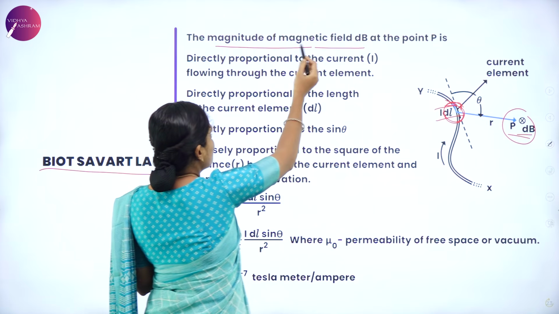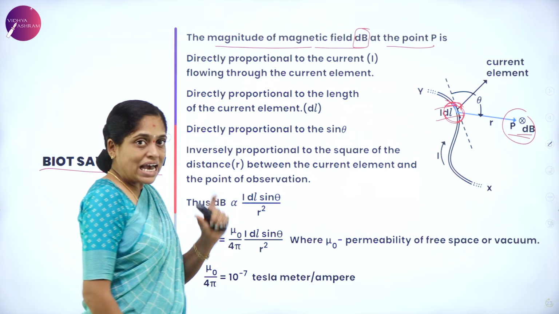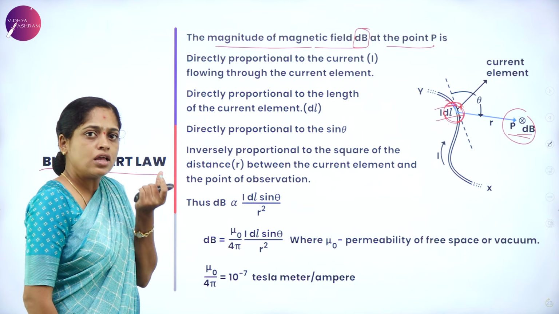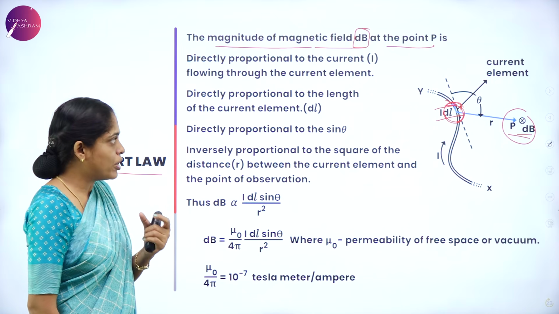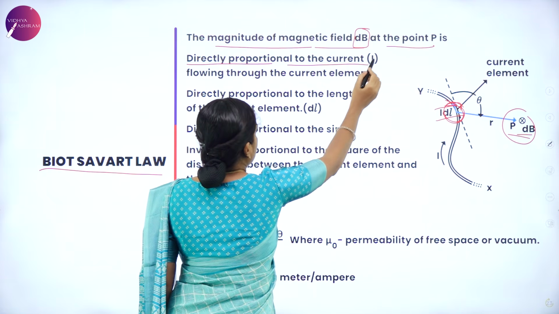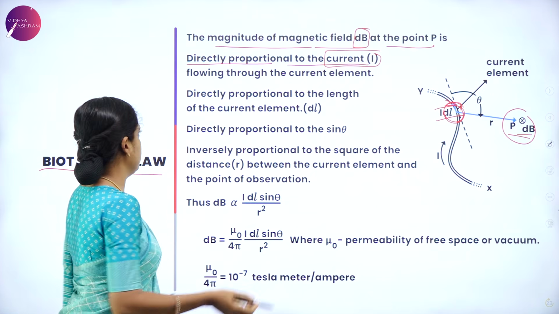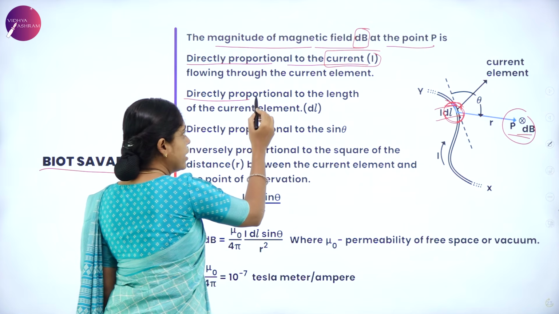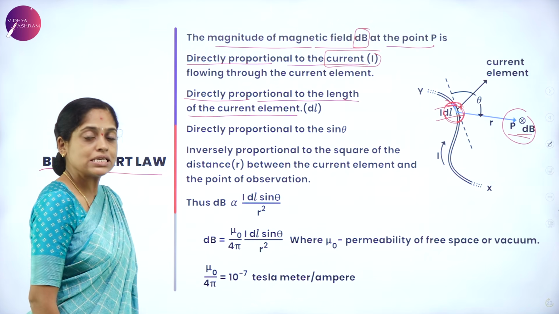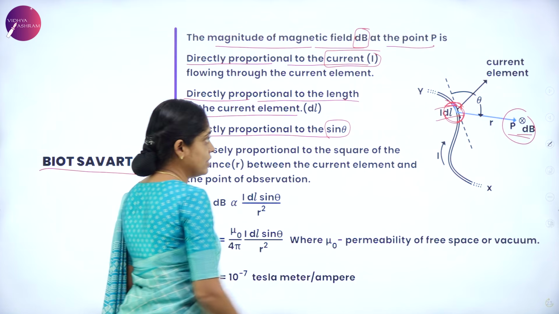The magnitude of magnetic field dB at point P due to current element, which is the product of current and the length of a very small segment of current carrying wire, is directly proportional to current in the wire, and it is also directly proportional to the length of the current element, that is dl, and directly proportional to sine theta.